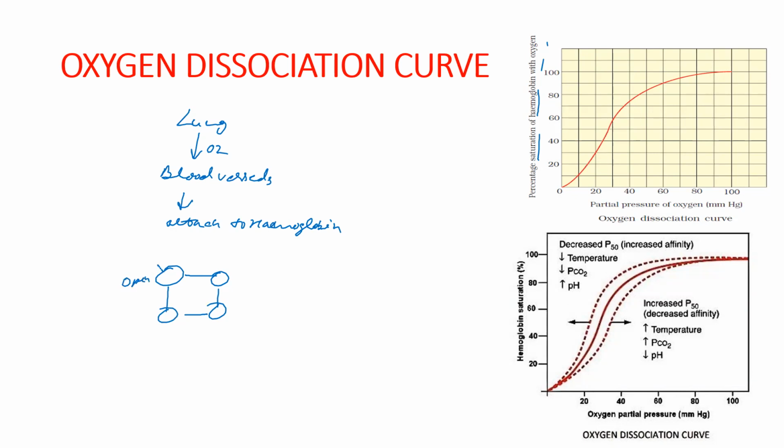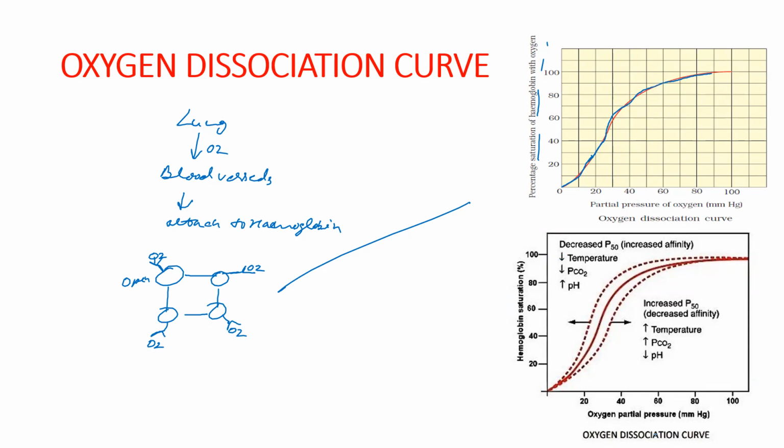First the one site opens and oxygen attaches to it, then the second site opens, oxygen attaches to it, then the third, and then the fourth site opens and oxygen attaches to it. That's why we never get a straight line of hemoglobin saturation. Slowly the oxygen attaches to the hemoglobin and then saturation comes. This is called the sigmoid curve.